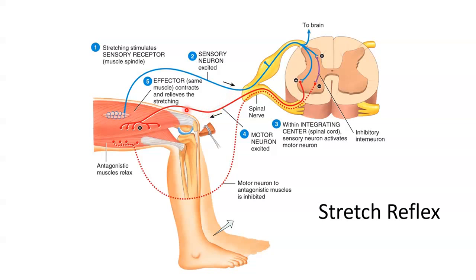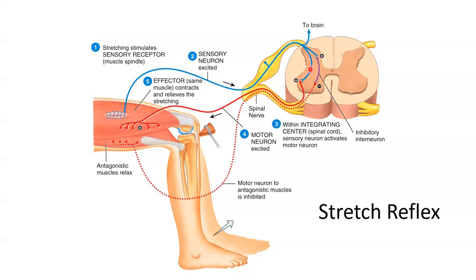That nerve impulse travels along our motor neuron. It tells our effector, which is the same muscle, our quadriceps muscle, to contract, and that contraction counteracts the stretching of the muscle spindle. So we have a muscle that stretches too far. The reflex then causes the muscle to contract so that we don't overstretch the muscle.